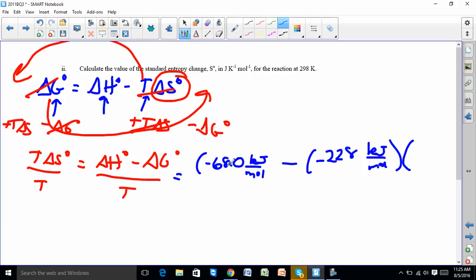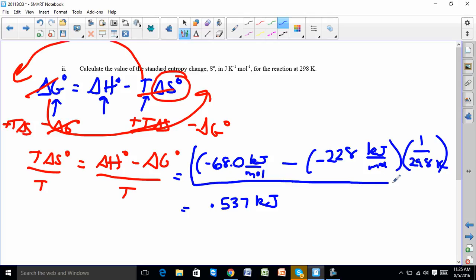And then instead of dividing by T, I'm going to multiply by the reciprocal of T. And order of operations, so this is going to be negative 68 plus 228 divided by 298. And when I do that, I end up with 0.537 kilojoules per mole K, because K is downstairs.